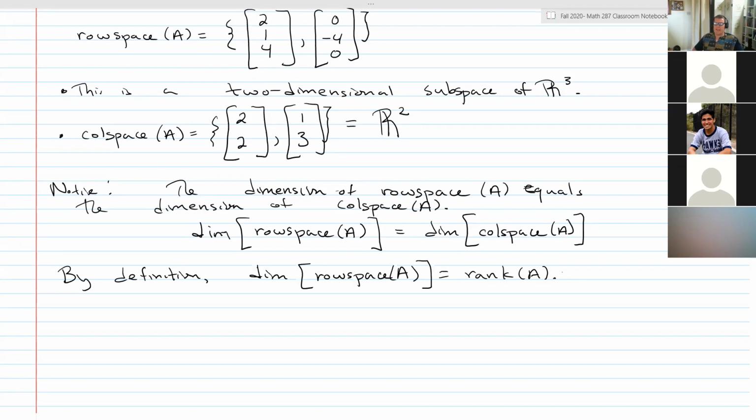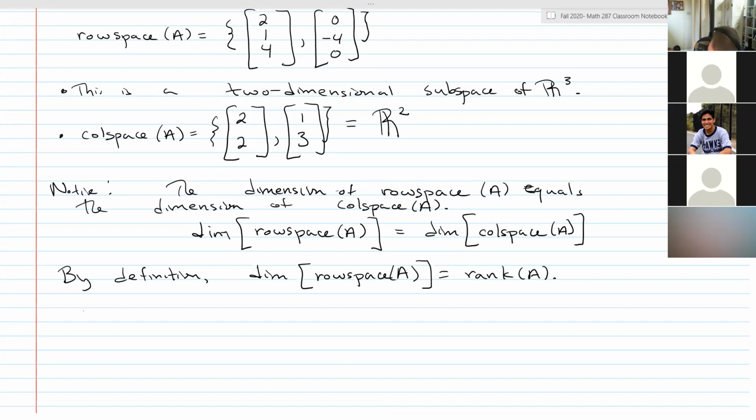The row space of A is defined as the number of non-zero rows in, excuse me, the row space of A is defined by the non-zero rows in REF A. So its dimension is going to equal the number of non-zero rows.